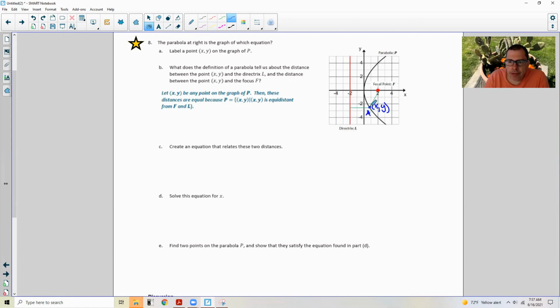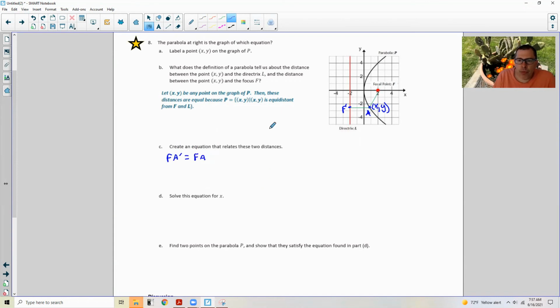The distance from here to here is segment F prime A, so to start an equation, all I would say is F prime A has to equal FA.